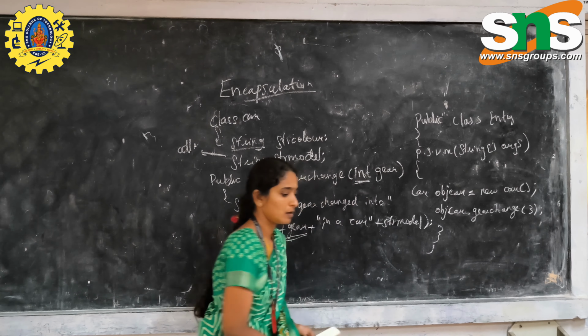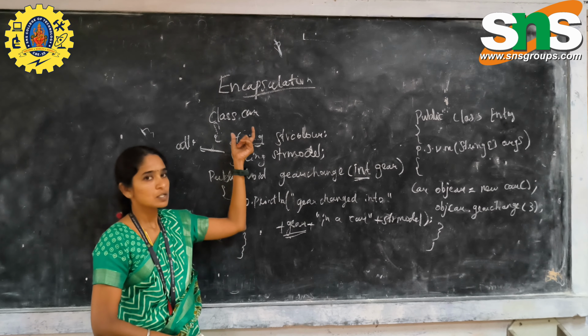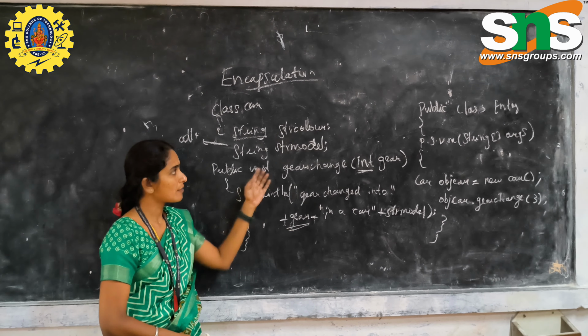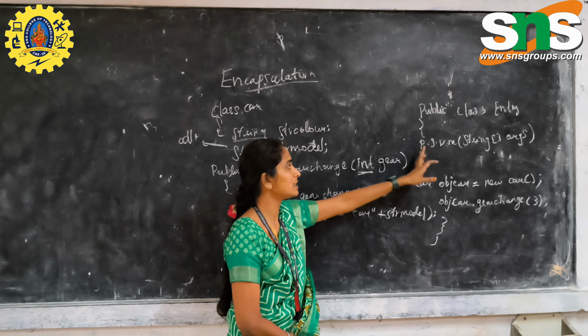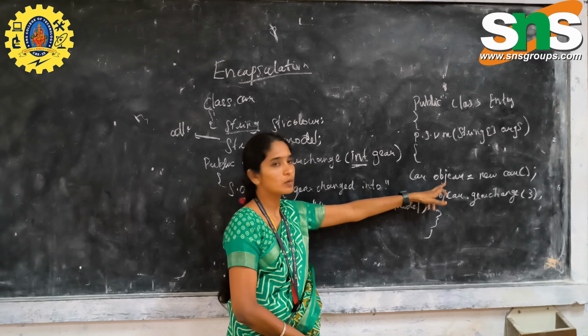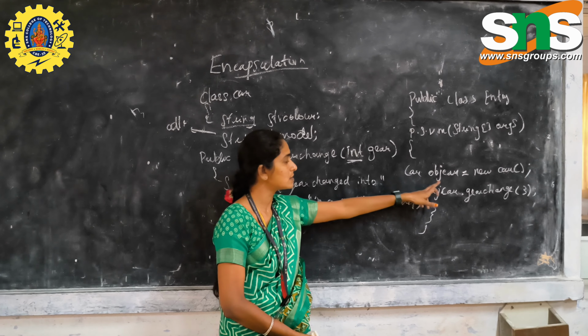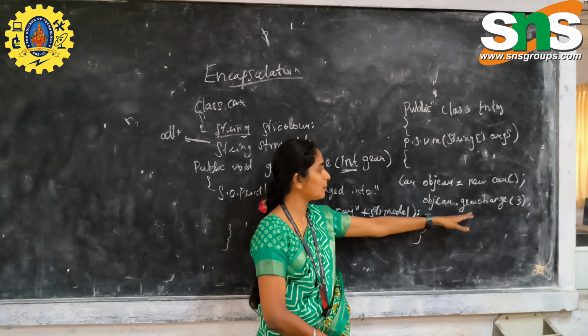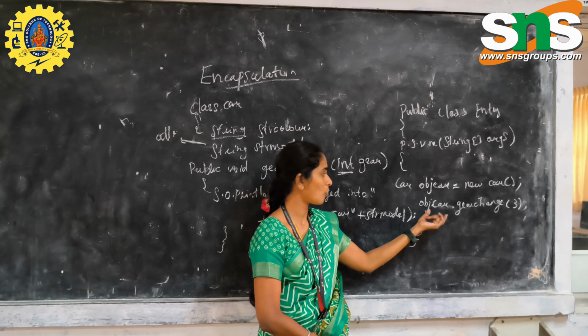So this is my encapsulation process. Inside the class I have to define the attributes and methods. After that I create a main class. In this main class I create an object for the particular class, and call the method using the object.